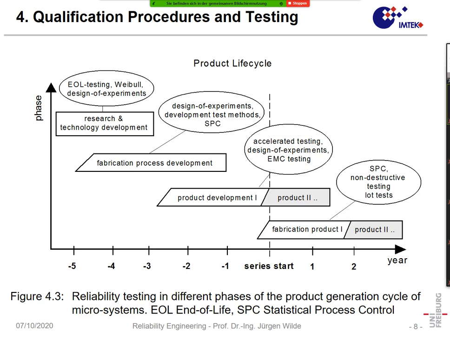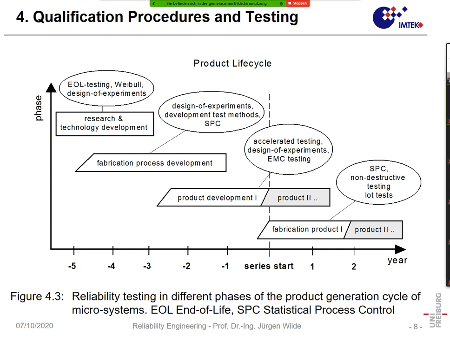Now let's go to testing, and specifically testing of electronic devices. Normally you could say, I built my system and on every level I test it, and in the end I'm quite sure it will work. But you have to keep in mind that the failure rates of individual devices are very low, and even if the system is complex, the overall probability of failure and the overall failure rate can be low.